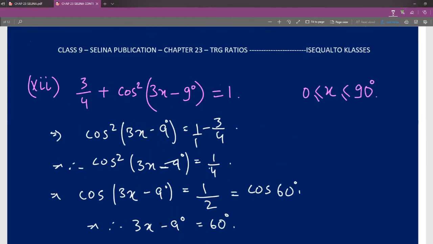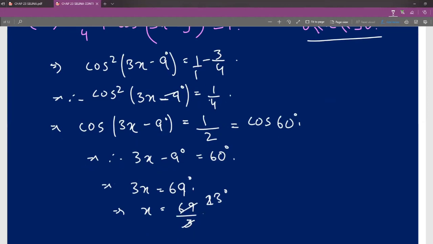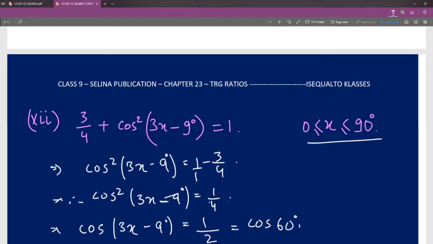As I've said before, you'll just check if the answer that I've gotten satisfies this condition. Whatever value you get for x should be greater than 0 and less than 90 degree. Here I've gotten the value as 23 degree, which is greater than 0 degree but less than 90 degree. So our answer is correct.